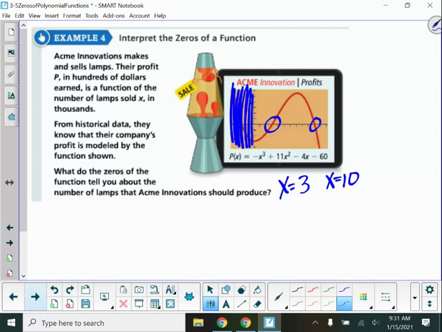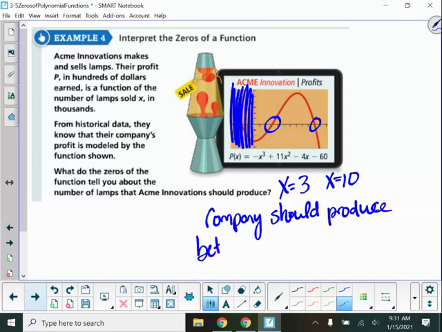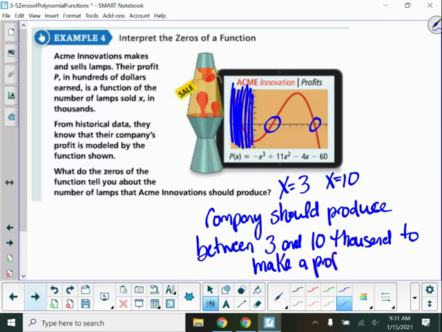So those zeros tell me that the company should produce between 3 and 10,000 lamps sold, in thousands, to make a profit.